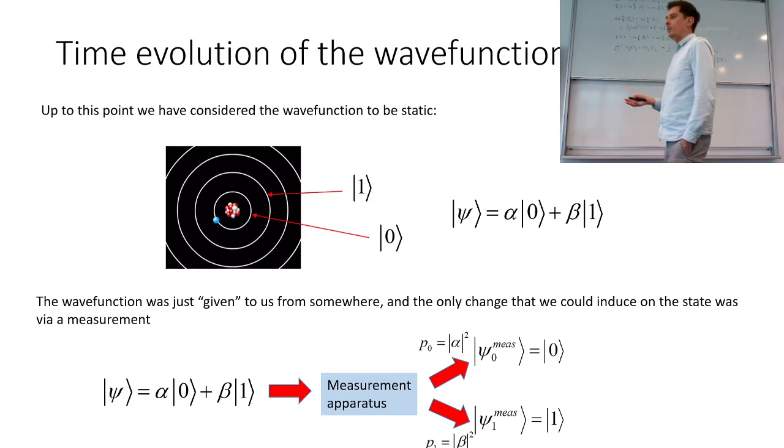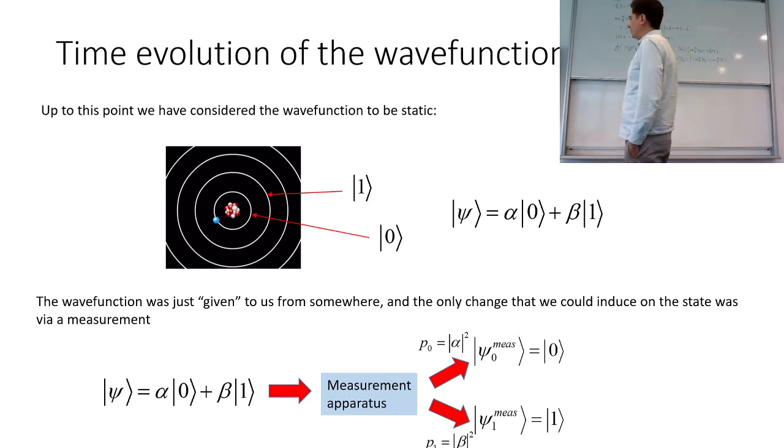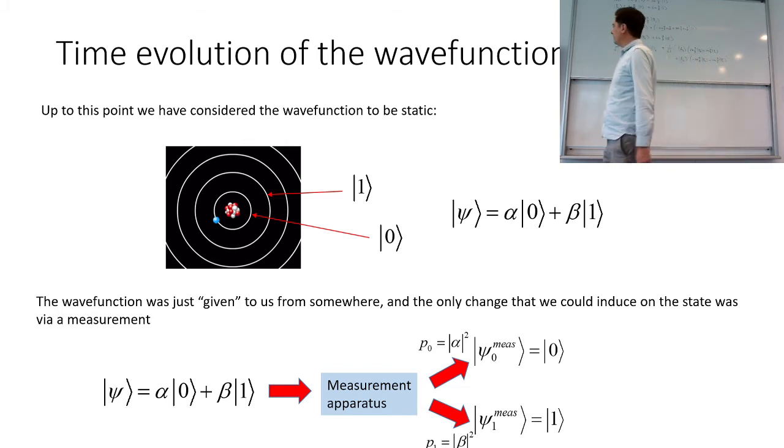We haven't really been talking about anything happening in time up until this point. We've just been describing the state as a static quantum wave function vector, but in practice, it often evolves in time.